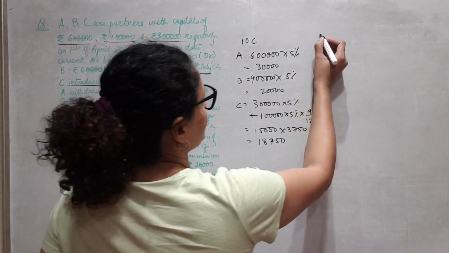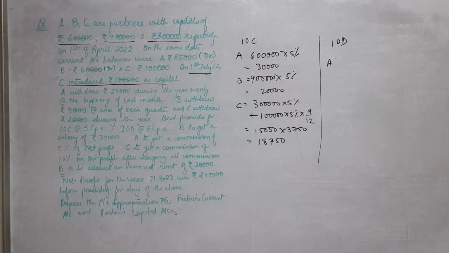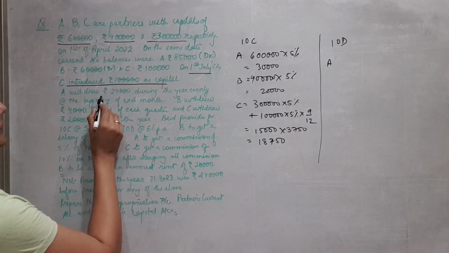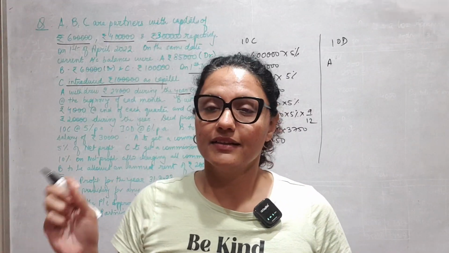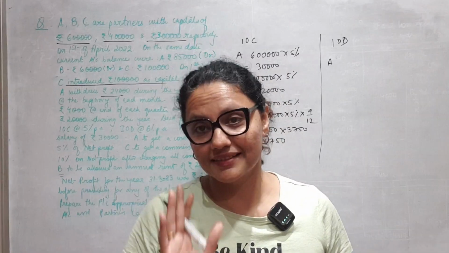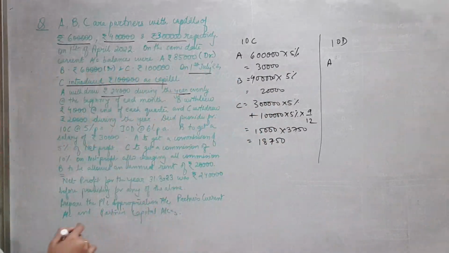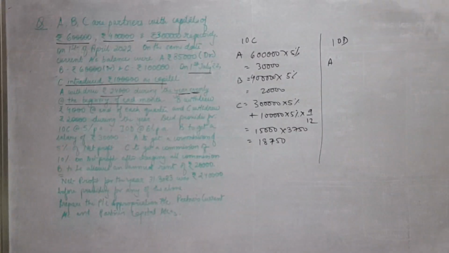Let's calculate interest on drawings quickly. For A, withdrew 24,000 during the year. So do we just go straight away during the year 24,000 at 6%? Because no date is given. It is said evenly at the beginning of each month. Okay.